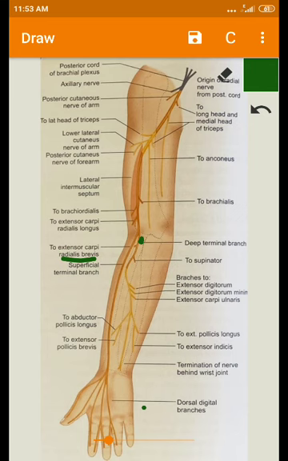So it descends between the superficial and deep group of muscles. So the deep branch is descending in between the superficial set of muscles and the deep set of muscles.